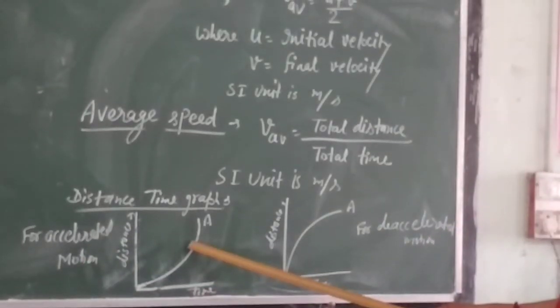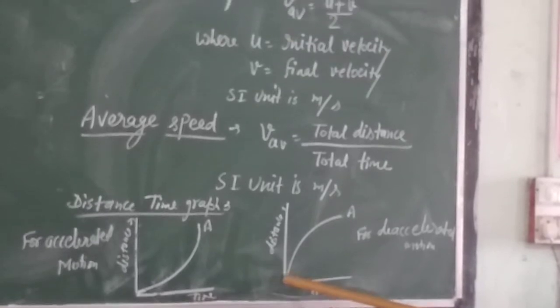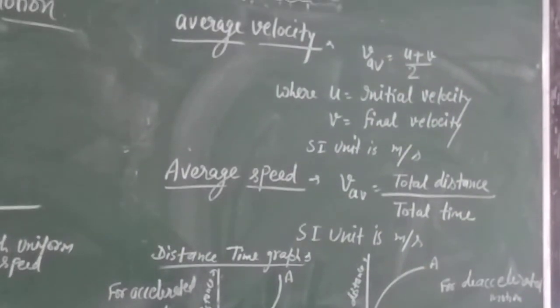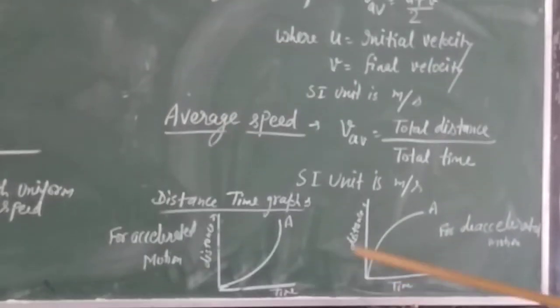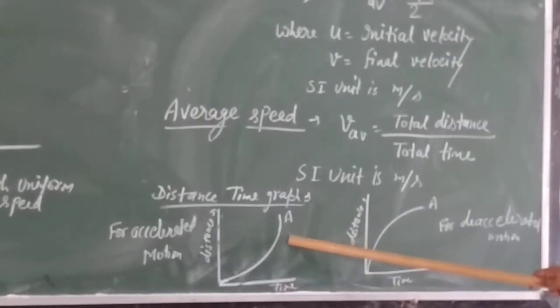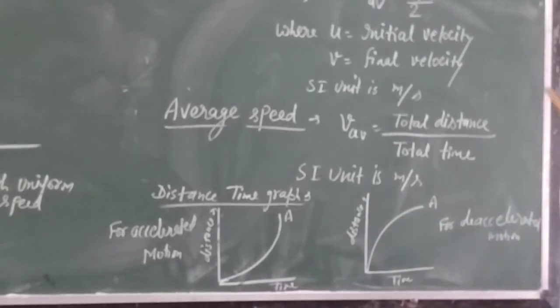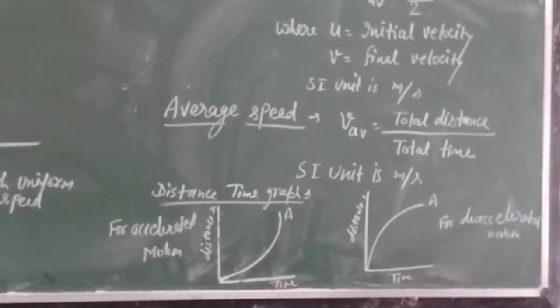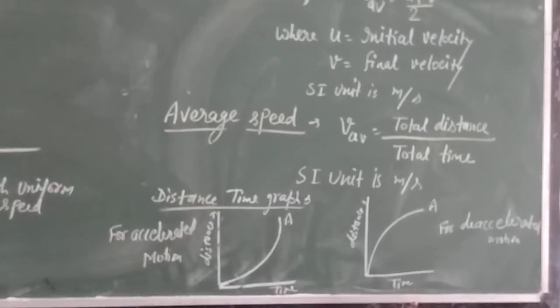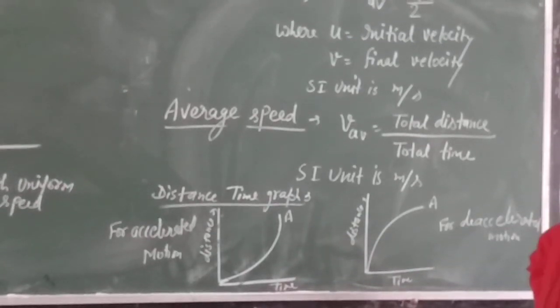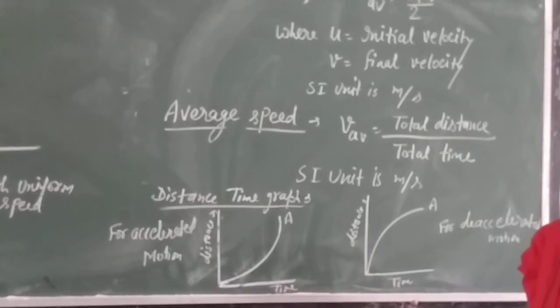Now if the graph is in the reverse direction, meaning it is not a straight line but a curve opposite to the previous diagram, then this graph shows decelerated motion. Decelerated motion means velocity decreases with respect to time. Initial velocity is more and final velocity will be less.